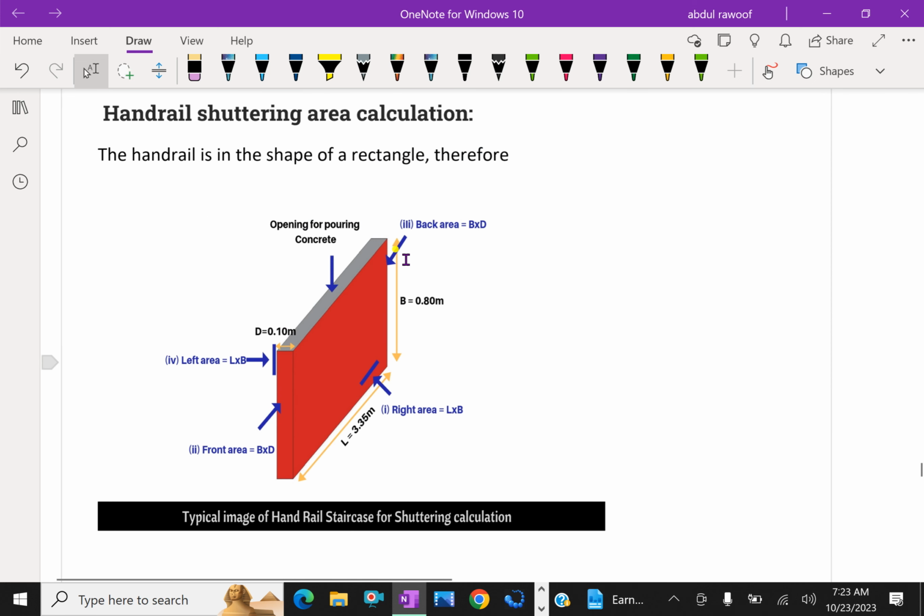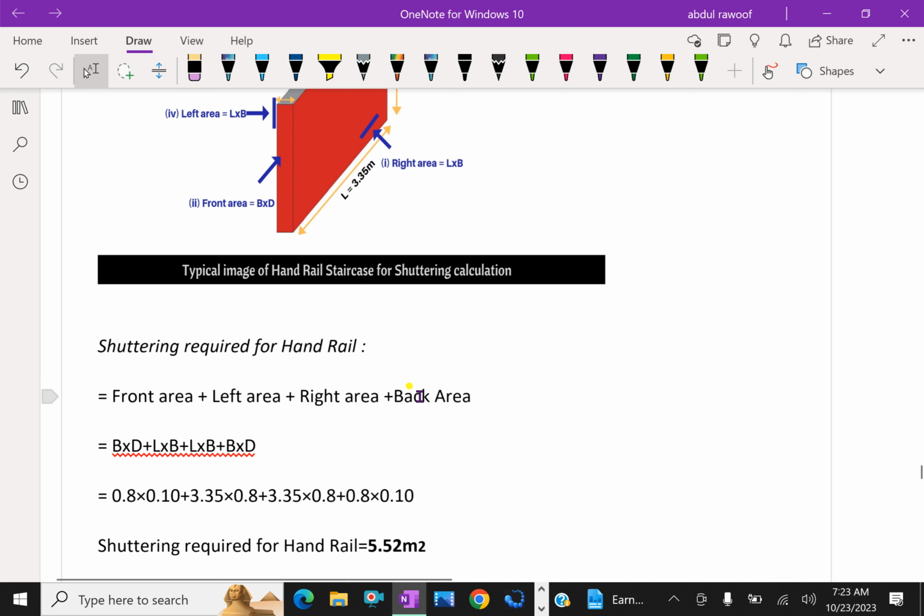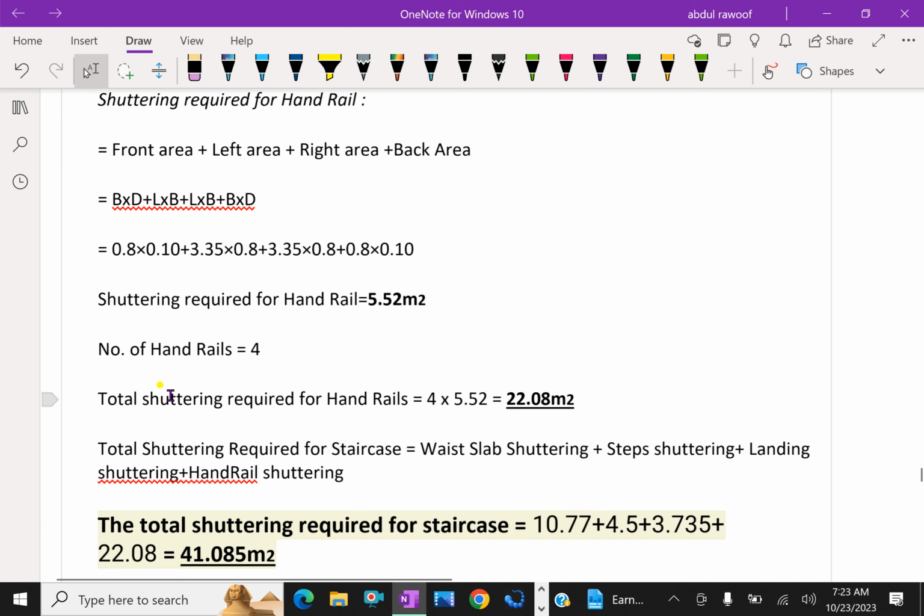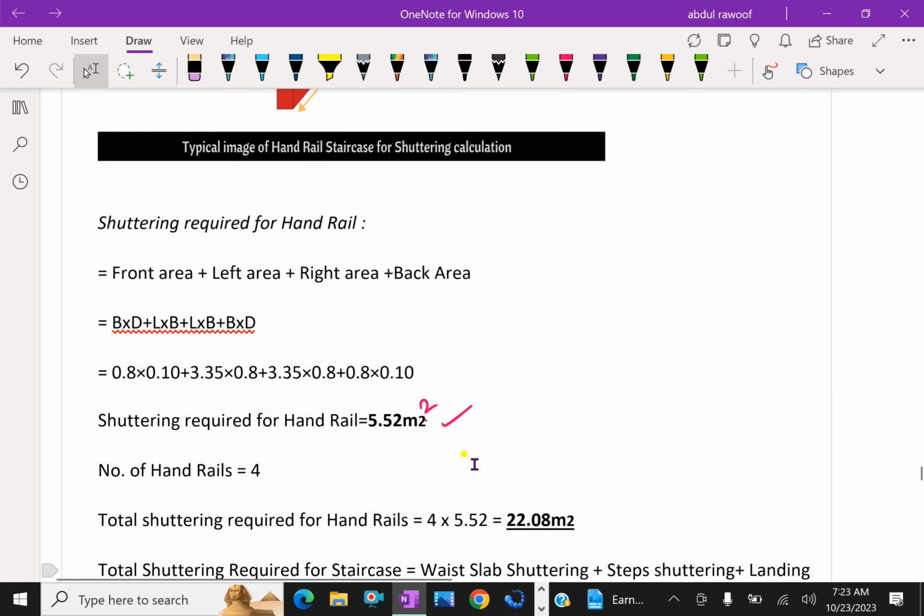Look at here, 0.8 into 0.1, this frontal area. Totally front and back area here, then left and right areas here. So totally shuttering required for handrail is 5.52 meters square.